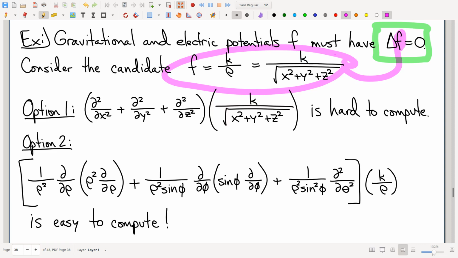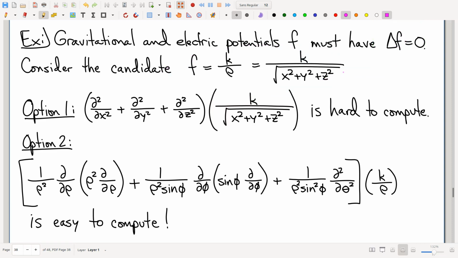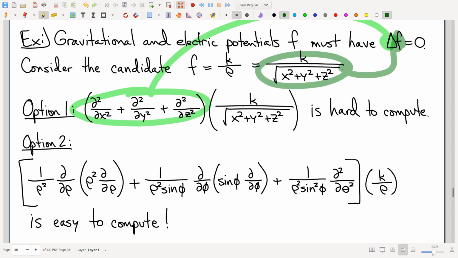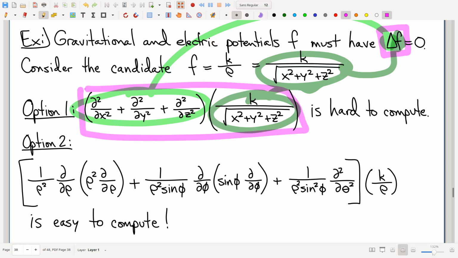Well, one thing you could do, if you wanted, is you could take your rectangular Laplacian, and you could take your rectangular formula for the function, and you could just crank it out, right? Apply that rectangular Laplacian to that rectangular formula for f, and take a deep breath and plow forward, keep your head down, right?